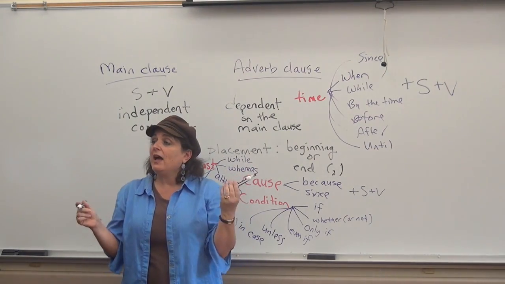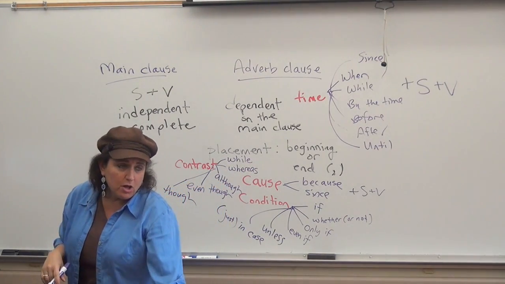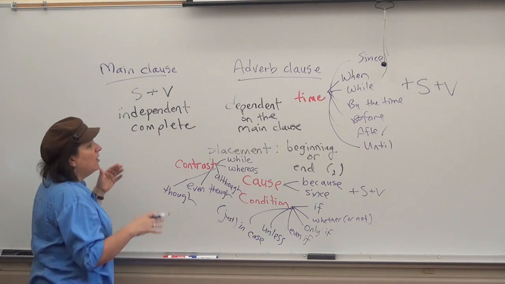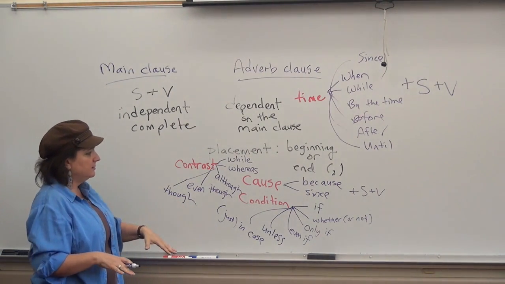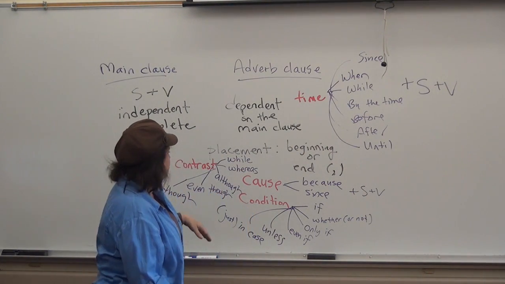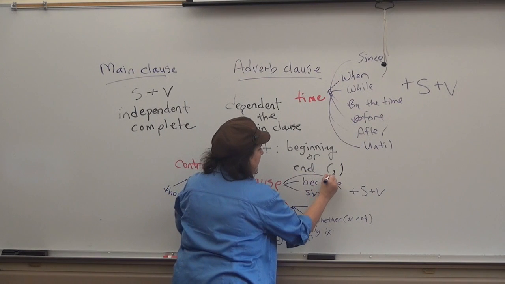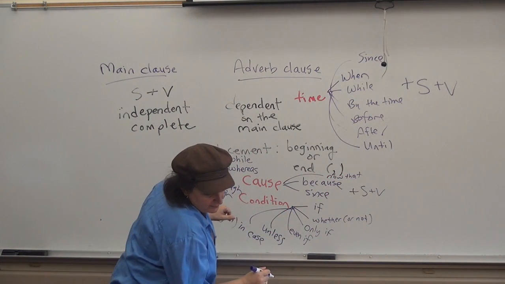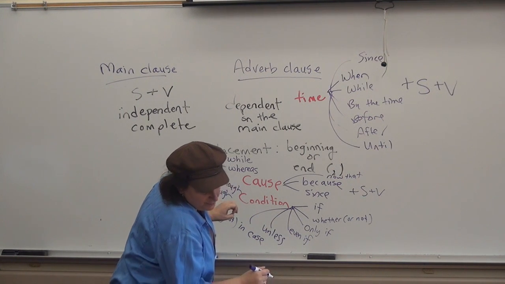Okay, so these are how adverb clauses work. They can go first or they can go second. Now, all adverb clauses, and did I get all of them? Oh, yeah. Oh, so now that. And so that.